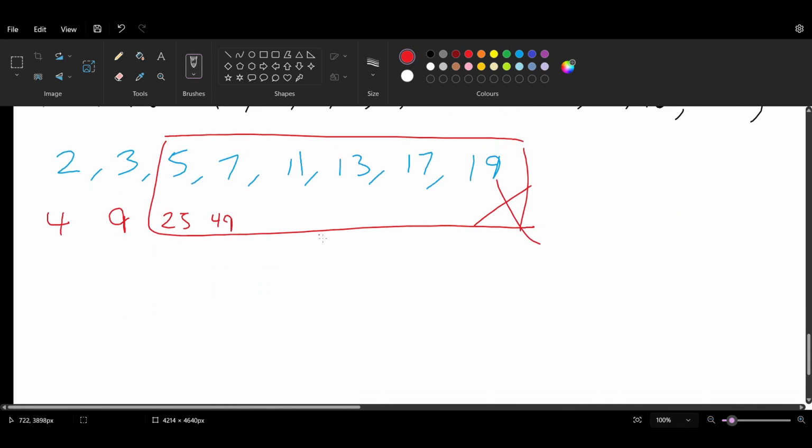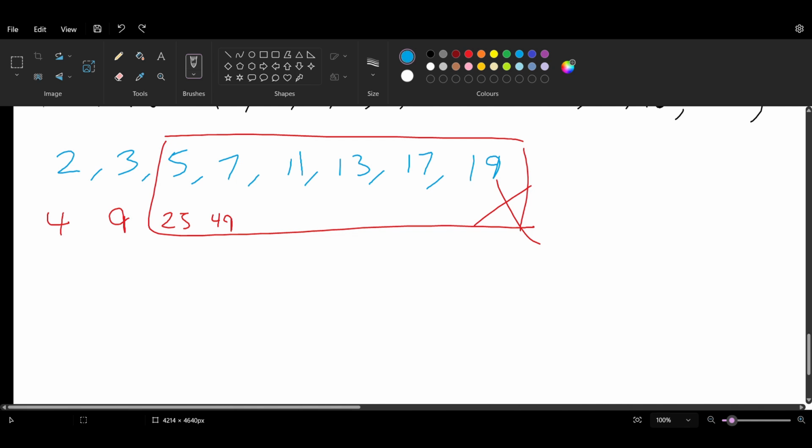If we want to form the smallest set of n pairwise numbers, when they mean pairwise, it means like this 2 comma 3 is a pair. These are pairwise relatively prime numbers. So if you want to form a set of n pairwise relatively prime numbers, the smallest set we can form that doesn't contain any prime number is 4 and 9.